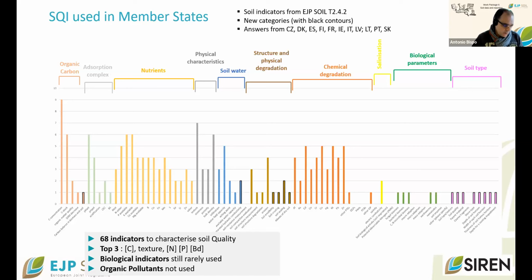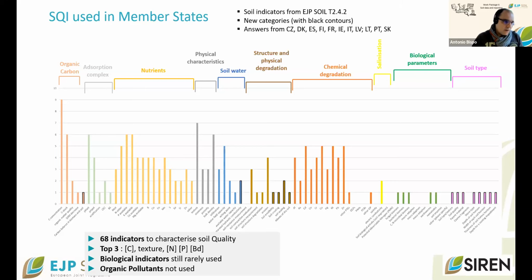So the top 3 indicators are carbon, the measurements that report on the carbon status of soils. So it can be carbon concentration, carbon stocks, the organic matter quality, soil organic matter decrease, for example, or carbon balance in biomass and soil. So different kinds of indicators reporting on carbon are used in the countries.